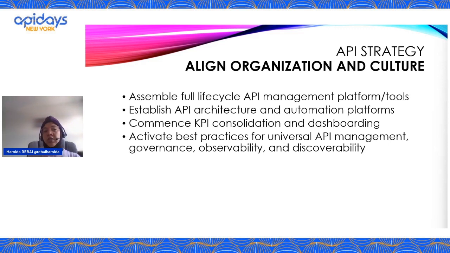So we need to cover all these elements before working on the culture of the company. They are the foundation that we will see after, different foundations related to the APIs.